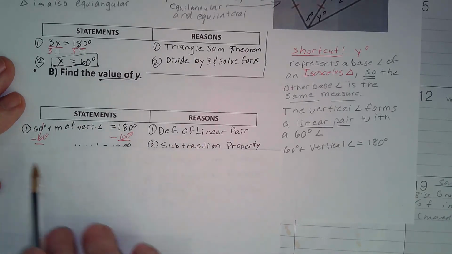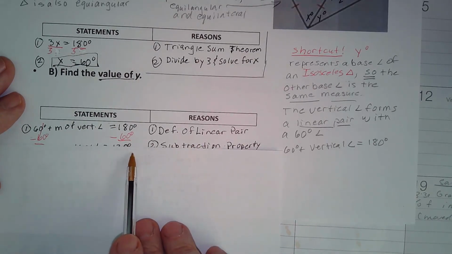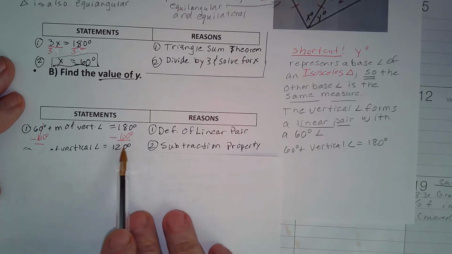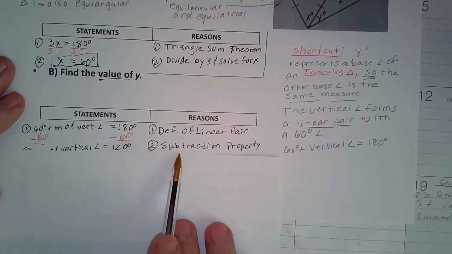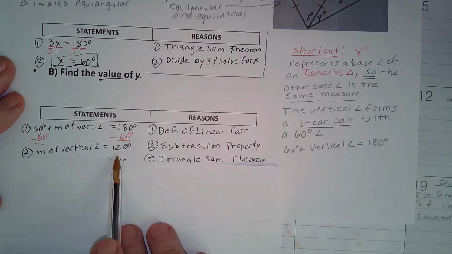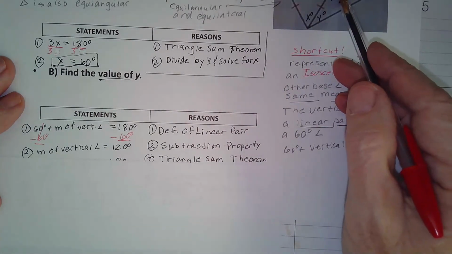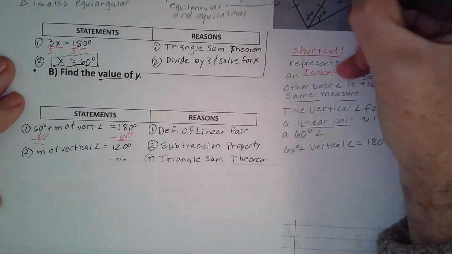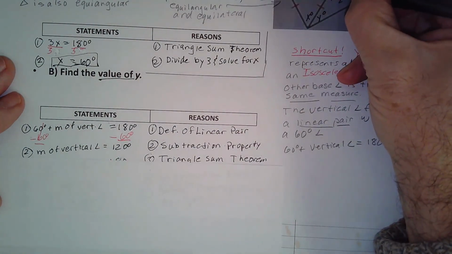Now we'll just do a little math. We'll subtract 60 from both sides. And it's okay to mix math and little words here in geometry. We have no problems with that. We do that a lot. So that's the subtraction property. And so we end up with the measure of the vertical angle is 120 degrees. So this is 120 degrees.